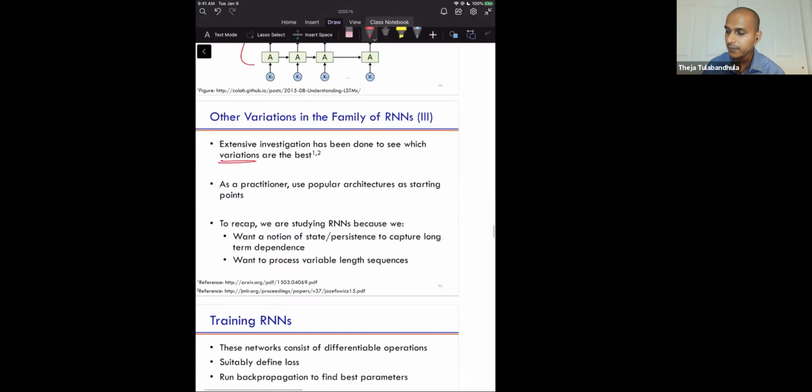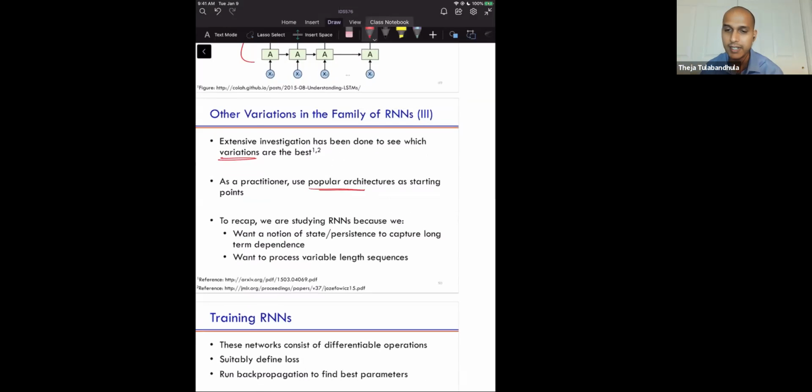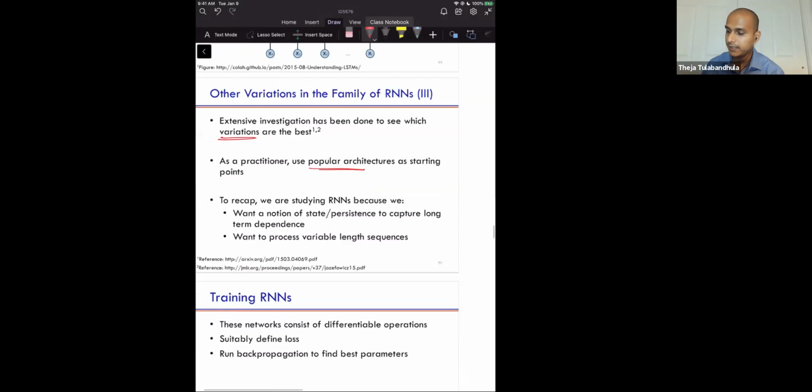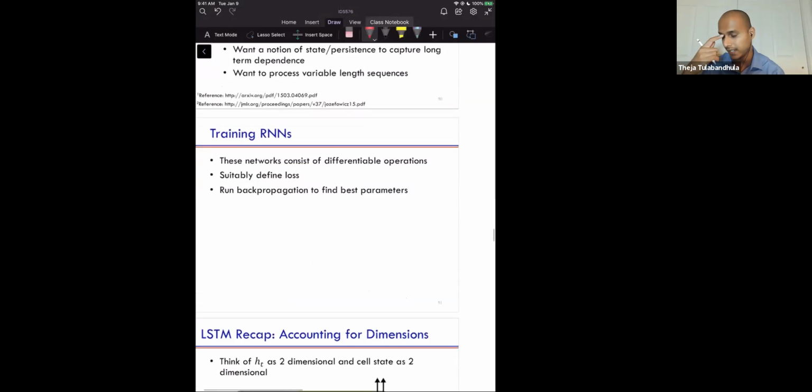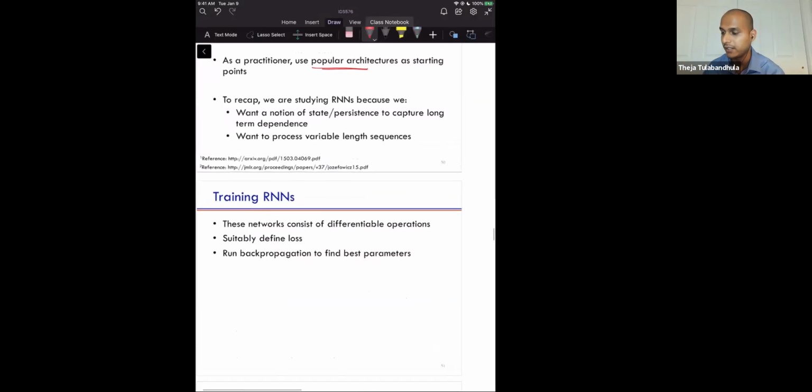So ideally, if you're very applied, then you will not try to come up with the architecture from scratch. You will try to deviate slightly from existing popular architectures. Okay. So that's a quick statement about RNNs, or at least how you'd use them in your application.